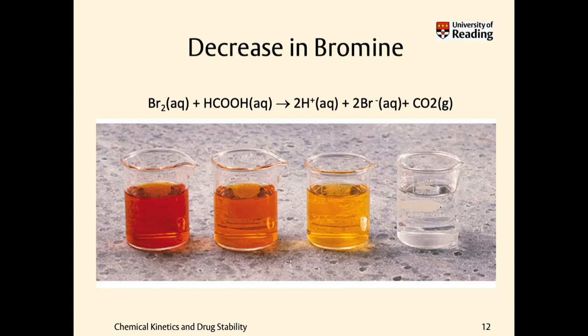We can measure the reaction by using a spectroscopic technique that can measure the color change. As you can see, as this reaction proceeds, it goes from a brown color to a clear liquid. The reactant bromine is colored, so we are measuring the rate of consumption of bromine if we measure the color change.